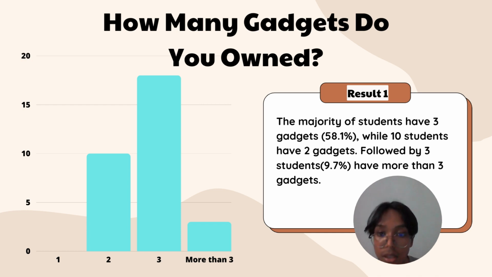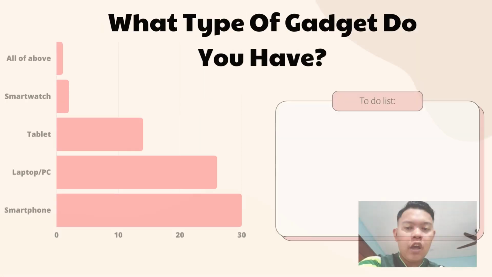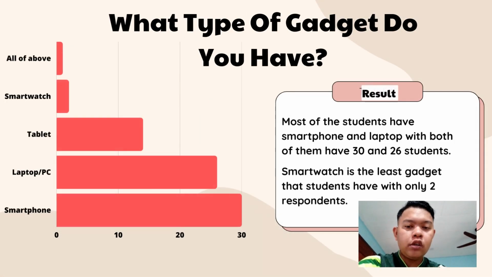So we can see no student has only one gadget. Next, what type of gadget do you have? From the result, most of the students have a smartphone and laptop, with 30 and 26 students. Smartwatch is the least gadget that students have, with only 2 respondents.